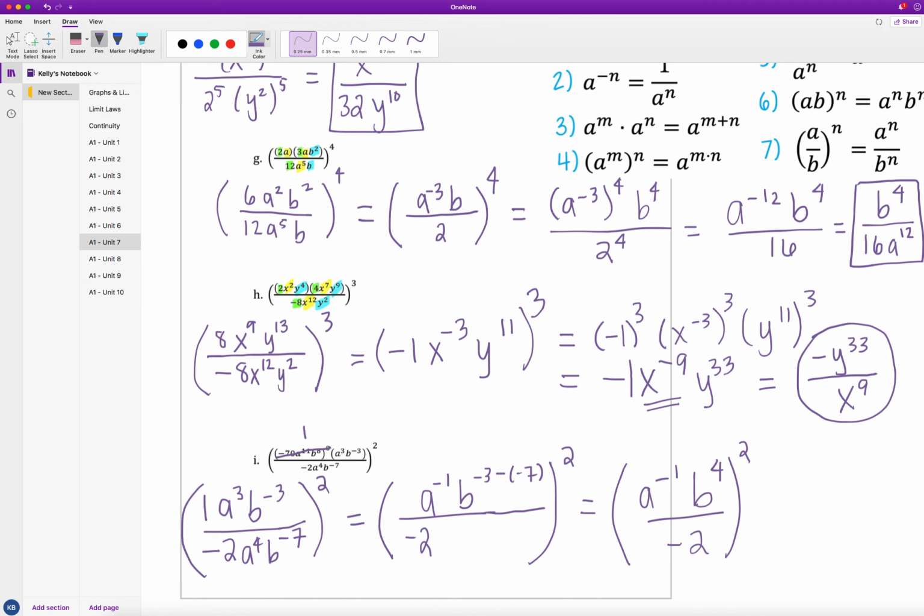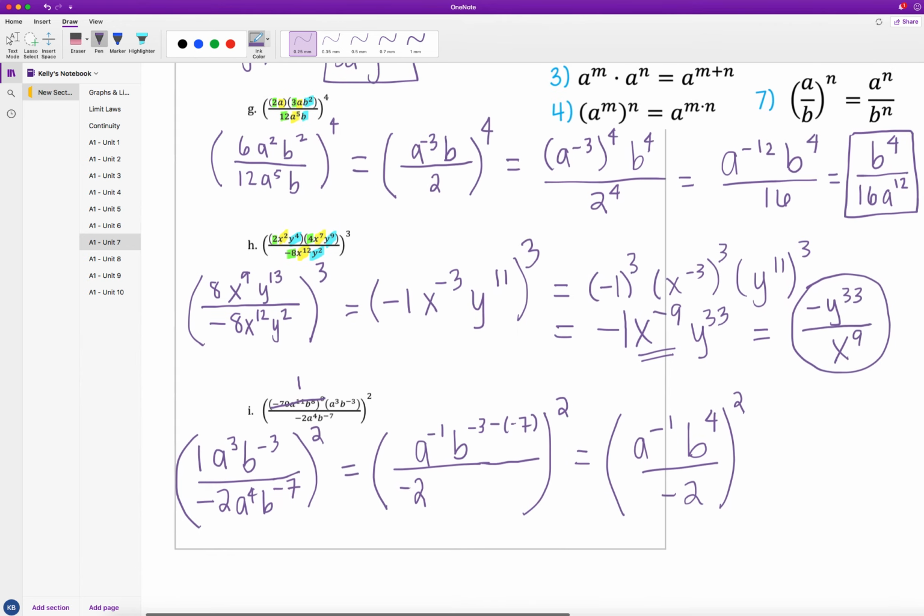Now from here, I can deal with my exponent on the outside. The inside is simplified as much as it can be. All that is left is that exponent on the outside. How many pieces will we distribute that exponent to? We will distribute it to 3 pieces. The a to the -1st, now to the 2nd, this b to the 4th, to the 2nd, all over -2 to the 2nd power.